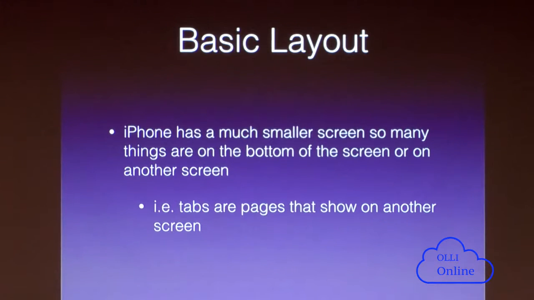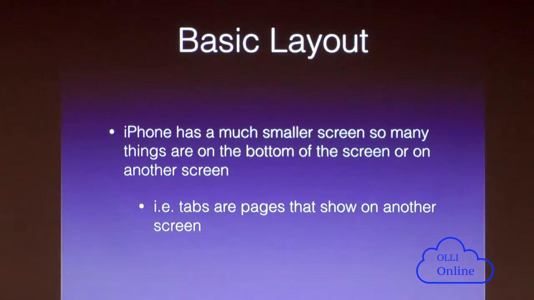The iPhone has a much smaller screen, so the mobile version is simplified to allow you to do that. Now, the use of tabs on your browser. Does everyone know the term tabs? Okay.